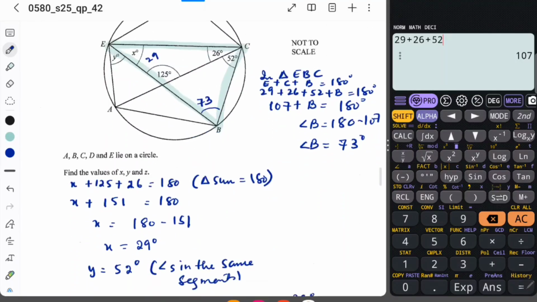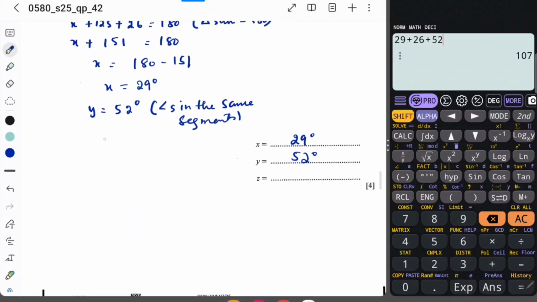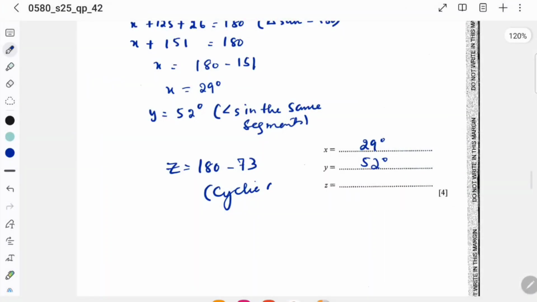And z is equal to 180 minus 73, which is again 107, because of the cyclic quadrilateral. So z is equal to 107 degrees.